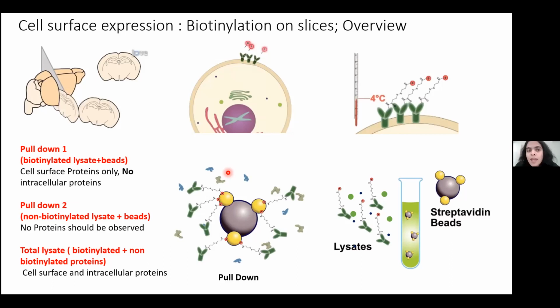Okay, I guess you can use that as well then, but in our case, this is also, in the literature, the most commonly used method to show cell surface expression. It's in slices.